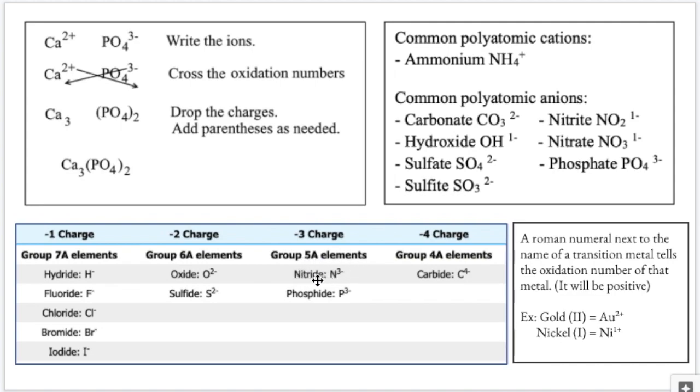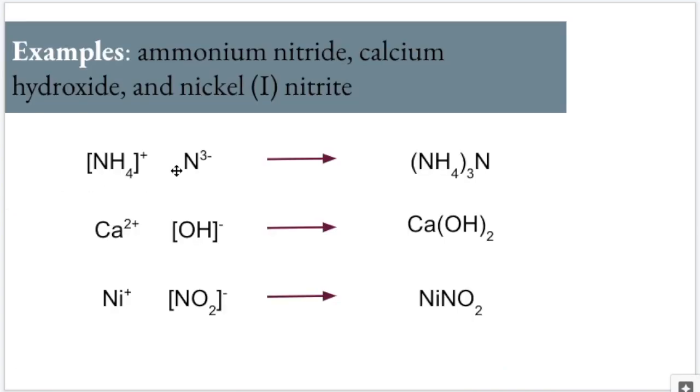Make sure that you don't get thrown off and accidentally do nitrite or nitrate, because that's going to give you a different answer. So pay attention to the endings of the words to make sure that you're not mixing them up. So I'm going to have NH4 plus and then N3 minus, which is what I have here.